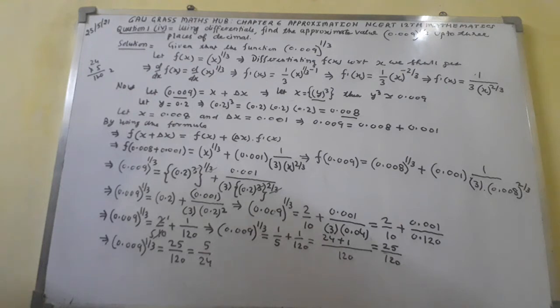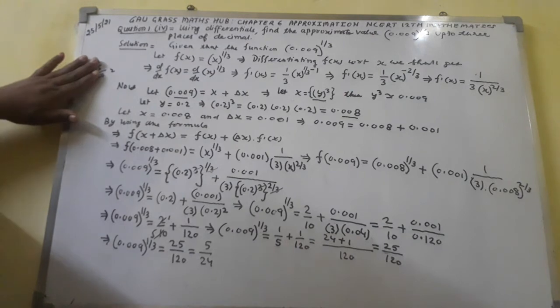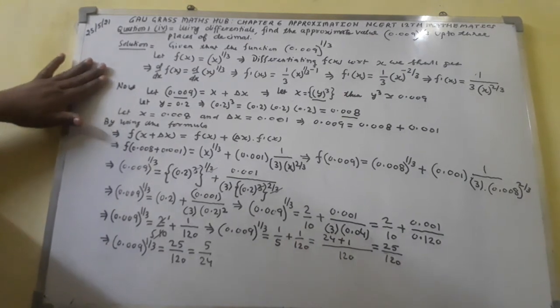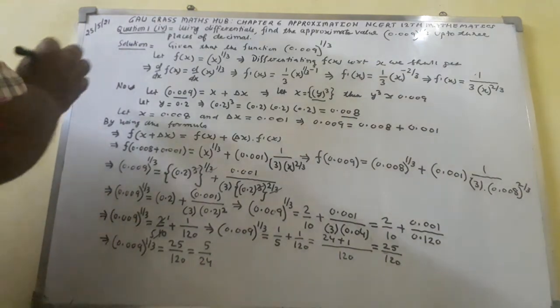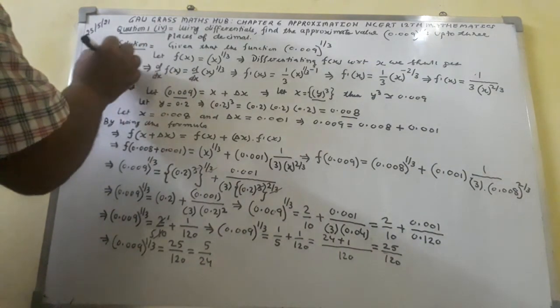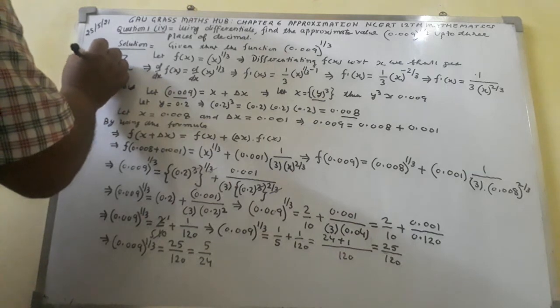So 5 will be divided by 24. So let us see. Here I shall write rough work: 5 will be divided by 24.